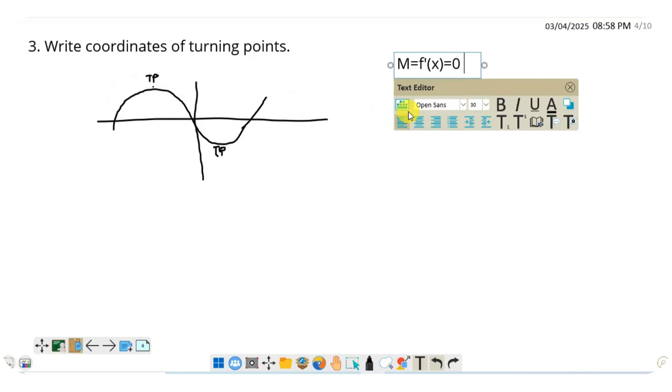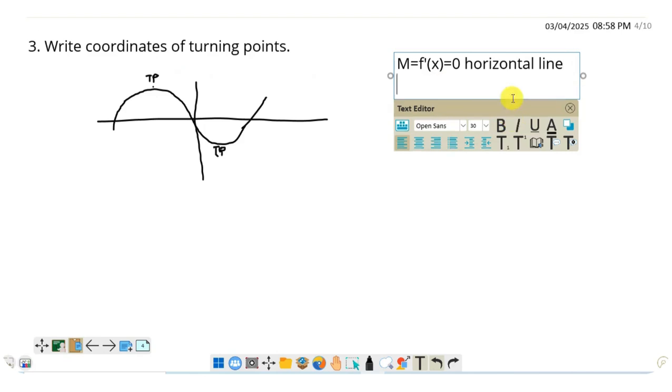And why is that? Because the tangent line at the point is a horizontal line. A horizontal line is like y equals 3 or y equals 2, and its gradient is 0.